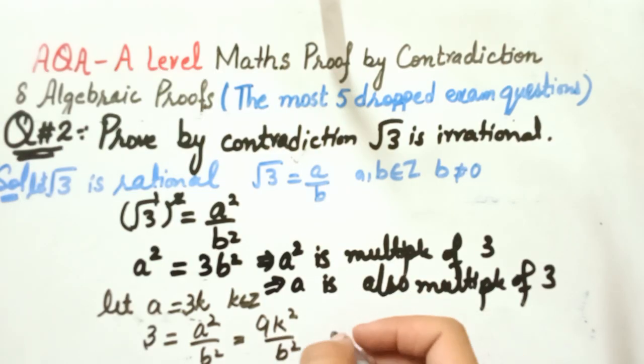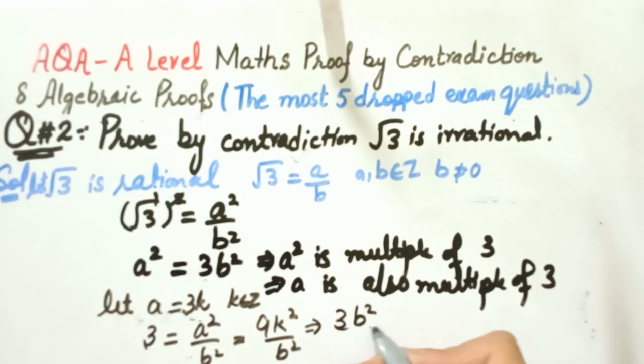Which gives us 3b square equals 9k square. So b square equals 3k square.